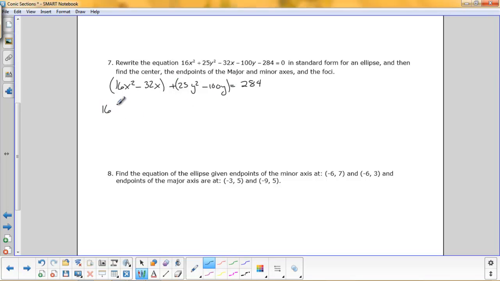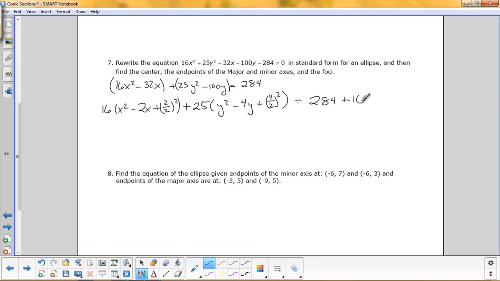So that's going to be 16 times (x squared minus 2x, not so bad, plus (2 over 2) squared), plus 25 times (y squared minus 4y, also not so bad, plus (4 over 2) squared). Okay, remember you're going to add that weight as well as the numbers you just used to complete the square.